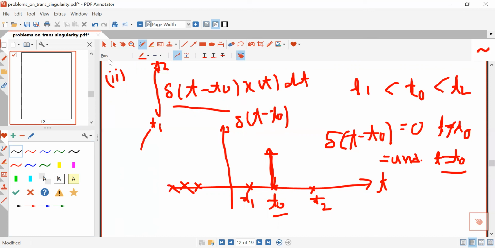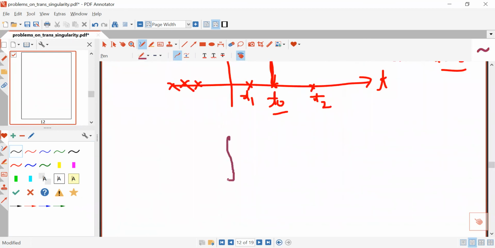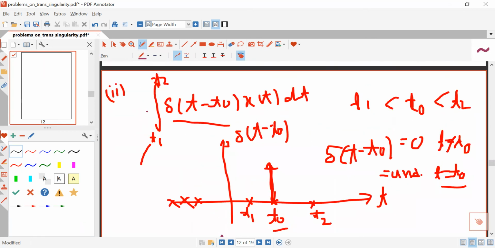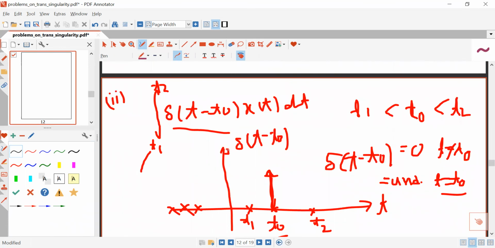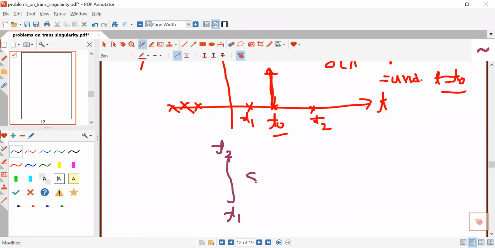So now this integration will change. You can write this integration as t1 to t2, and everywhere this product will be 0 except at t equal to t naught. So you can write it as delta t minus t naught x t naught.